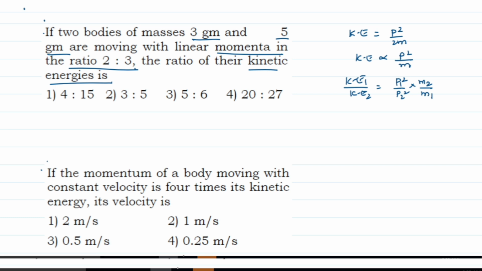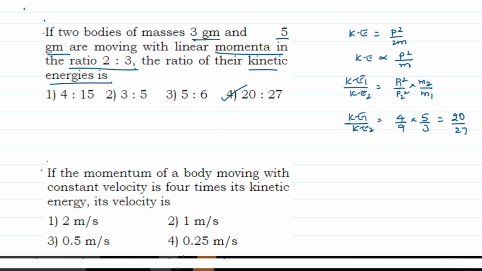The momentum ratio is given as 2:3, so P1 square by P2 square is 4 by 9, into M2 by M1. The mass ratio is given as 3 by 5, so we reverse it and it becomes 5 by 3. So we get the value 20 by 27, which is the correct answer.